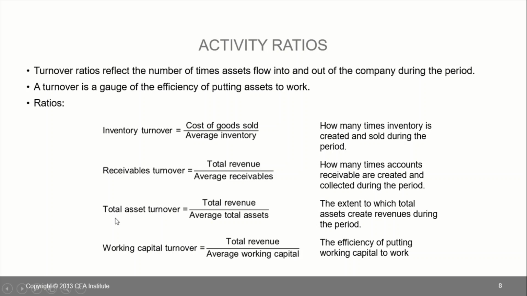And then total asset turnover, you have your total revenue or your total sales divided by your average total assets. As you can see, this is your sales, right? And this is your average total assets. This is a big deal na ratio. Why? Because you're not just talking of your current assets.